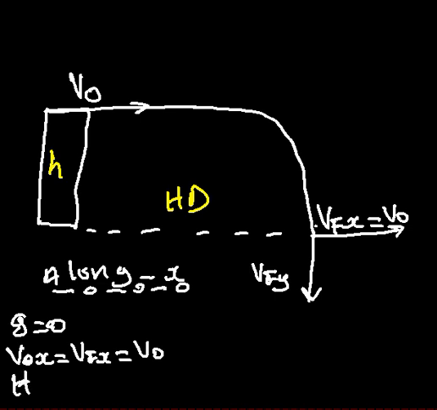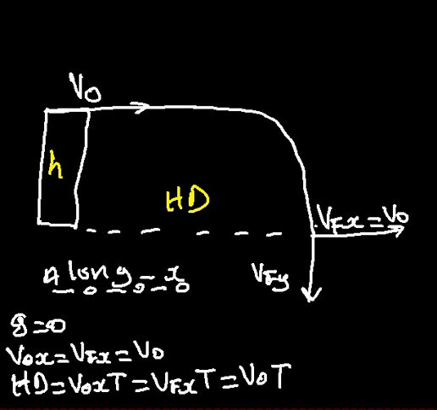The horizontal distance is the initial velocity along x times the total time, which is the same as the final velocity along x times the total time, which is the same as the launch velocity times the total time.